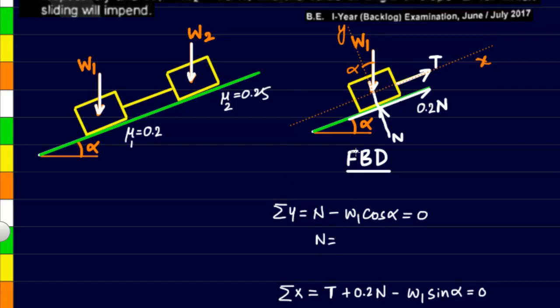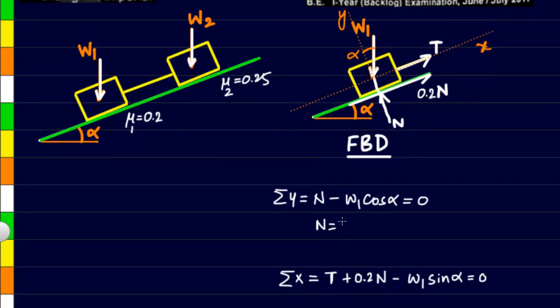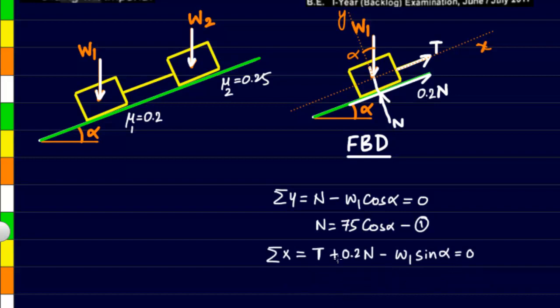W1 value has been given to us in the question, and that's 75 newtons. Let us substitute it. So 75 times cos alpha, this we are getting as the value of N. That value of N, let us now substitute in this equation to get a relation for tension. It's going to be 0.2 times N, of course negative when sent to the other side.